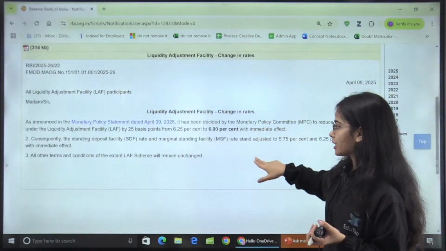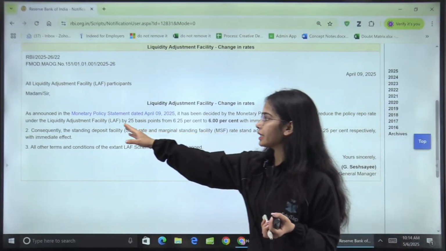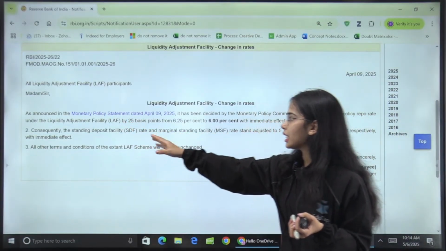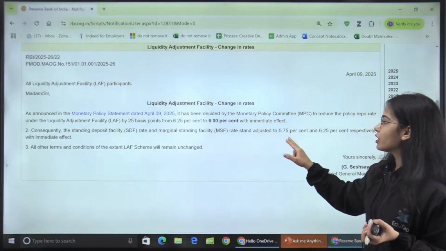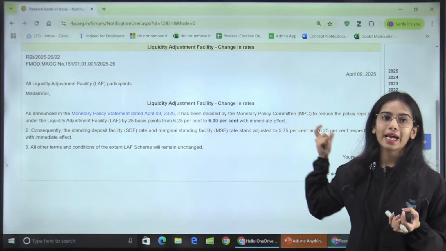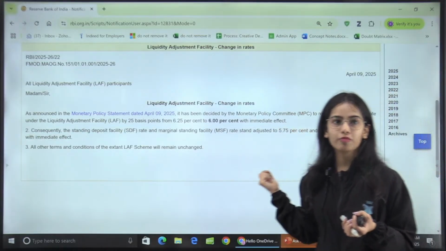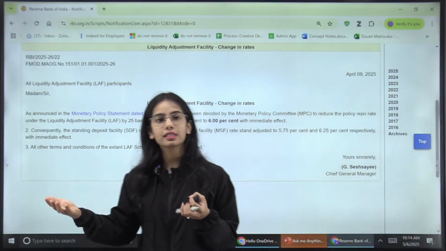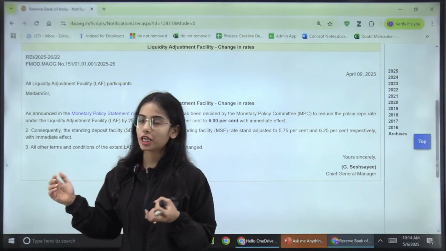Here you can see that in the LAF, the SDF rate and the MSF rate have changed. The SDF rate has decreased to 5.75% and the MSF rate has decreased to 6.25%. Again, we have discussed this in your monetary policy statement session.